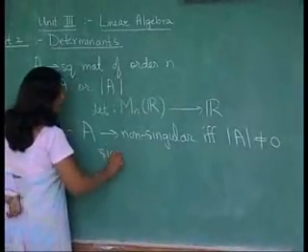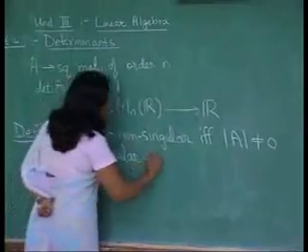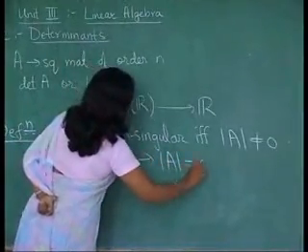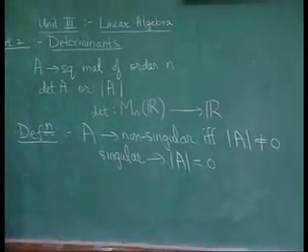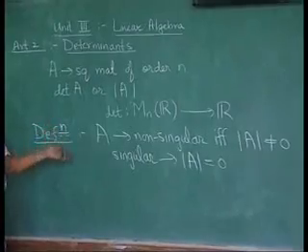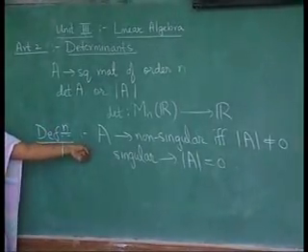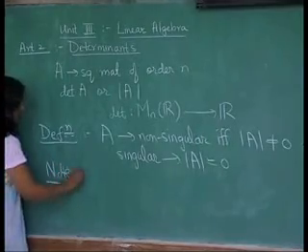Otherwise, we say that it is a singular matrix. So for a singular matrix, the determinant will have to be equal to 0. And as I was mentioning in the last lecture, the question of whether a matrix has an inverse or not is closely related with the determinant. Let me mention that once again over here.